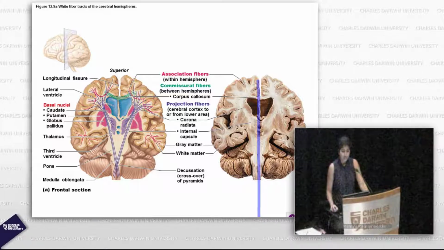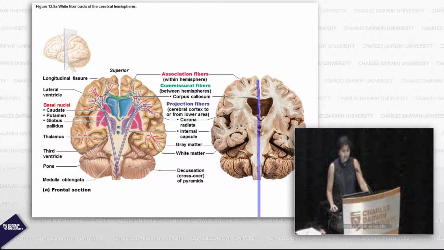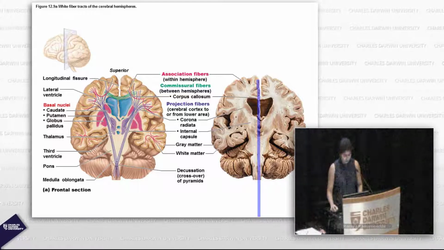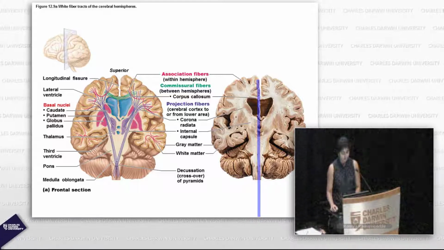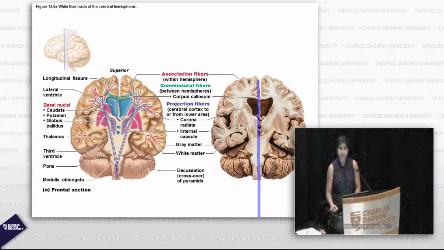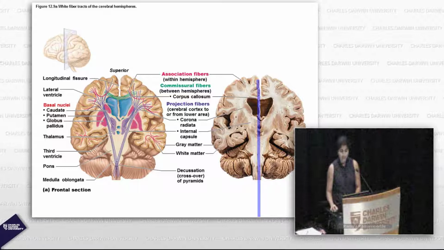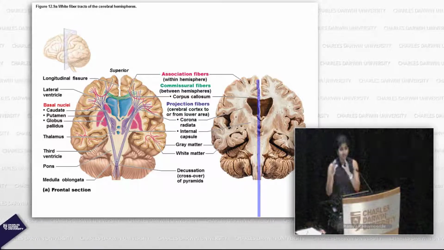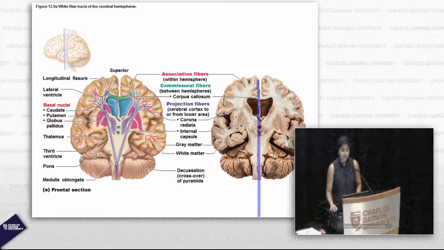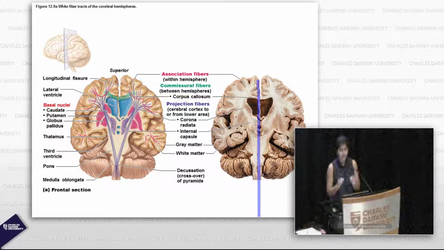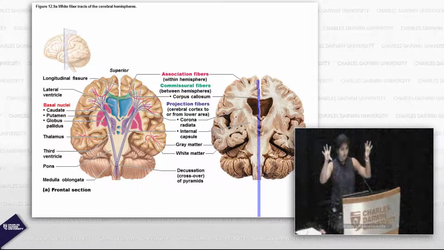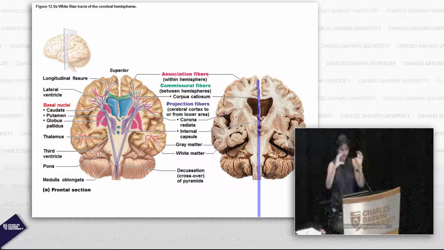So first, if you take the association fibers, these basically unite different parts of the same cerebral hemisphere. So it's the red one, you can see it's connecting within the hemisphere, uniting the different parts within the hemisphere. Then we have the commissural fibers, which run between the two hemispheres and connect them together.